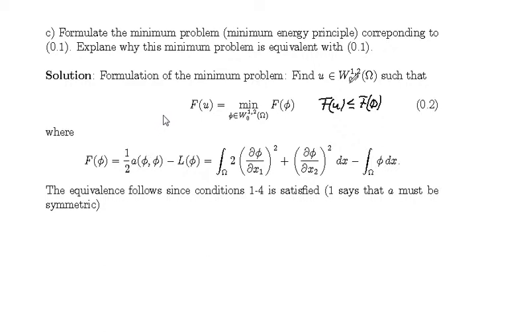The reason why the minimum formulation and the weak formulation are equivalent follows by the theorem which we showed you in the lecture, stating that if the conditions 1 to 4 are satisfied, then these two formulations are equivalent.